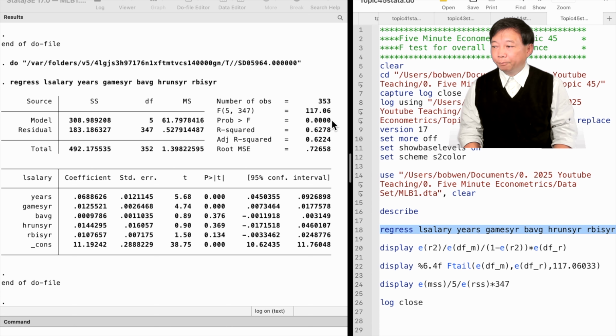The overall F-statistic equals 117.06, and its p-value is 0 to 4 decimal places. It is strong evidence against the null hypothesis. It suggests that at least one of the explanatory variables helps to explain baseball players' salaries.